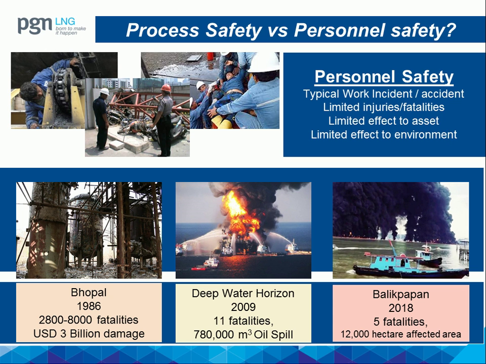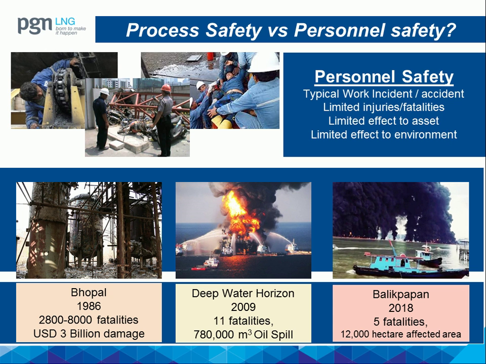So basically in personal safety, the consequences would be limited, while in a process safety incident, normally the consequences are a leak or fire, explosion, or oil spills. I show you three examples here. First one is Bhopal, 1984.